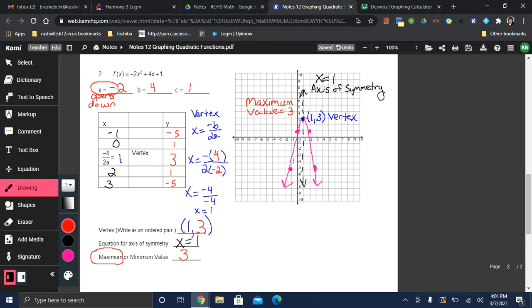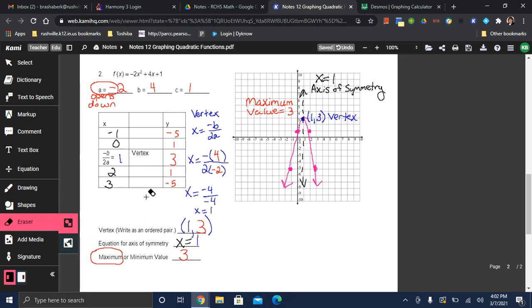And I'm writing these on your notes so you'll know what we're looking at. You need to fill these blanks in. You do need to draw in the axis of symmetry, and you could label your vertex. You do not have to write the words maximum value or axis of symmetry. You'll have those in your section down in here. So this is what you'll be asked to do on your homework.